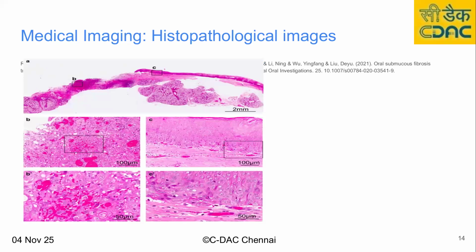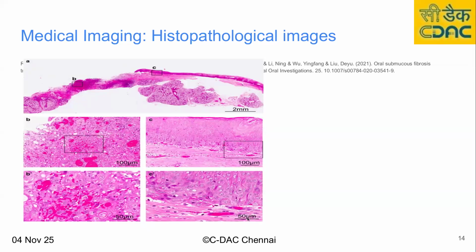Coming to histopathological images, which are again microscopic images, the challenge is we put a cell inside a slide and put it under the microscope. If you have done your biology lab, you might have turned the knob of the microscope to zoom in and zoom out. What you see at a 2 millimeter zoom is not the same as what you see at a 100 micrometer or 50 micrometer zoom.